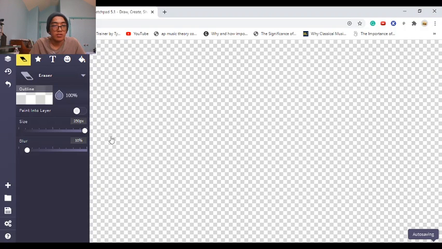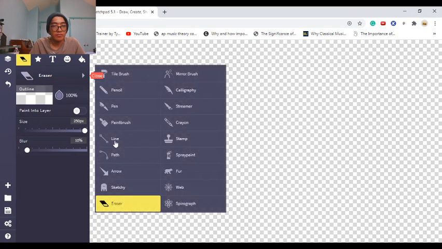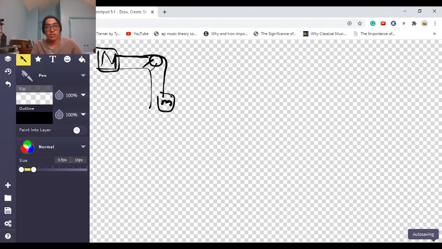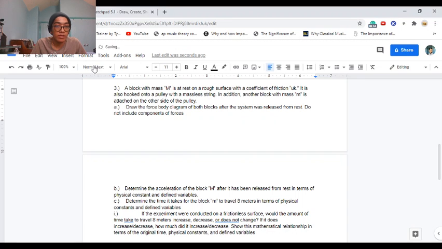Here it is. This is going to be a little m, and this is going to be big M. So this is the configuration that we're going to be dealing with as we're doing number 3.